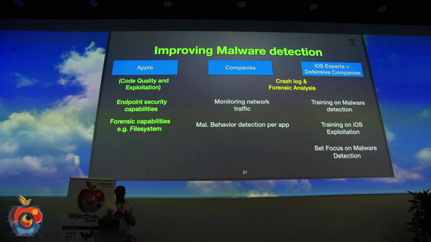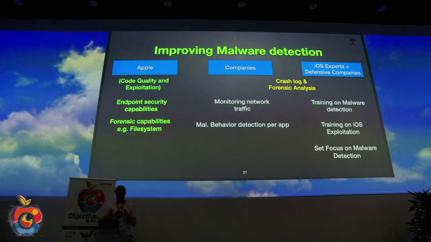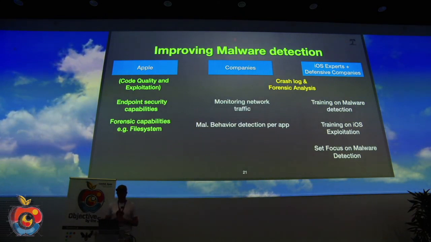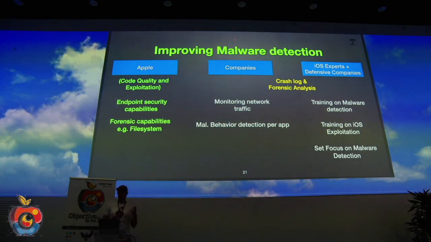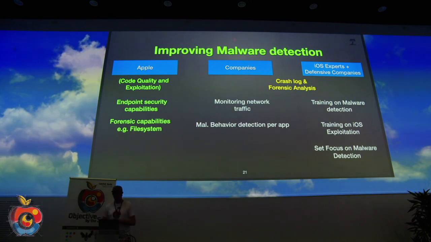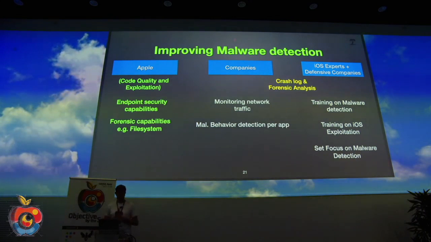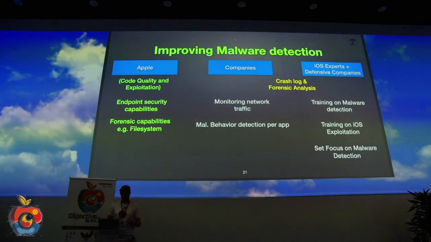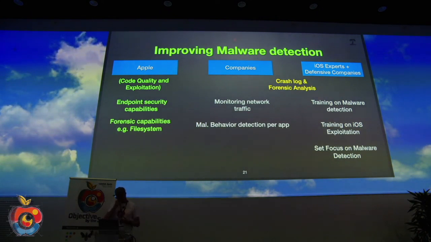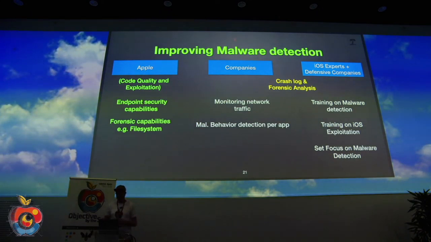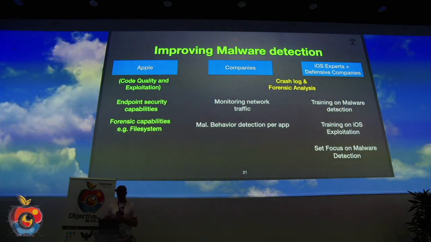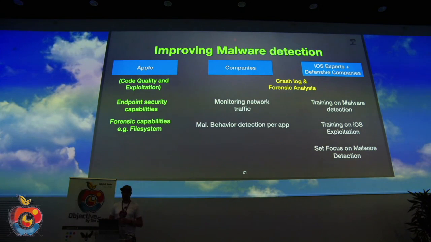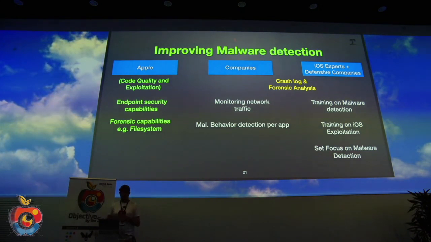But I think one of the first and necessary things that Apple could be doing is giving us something like that endpoint security entitlement that we have on macOS, also on iOS, and giving us forensic capabilities of maybe accessing the file system, maybe accessing also the RAM of that device. Maybe giving us on the device itself additional capabilities like looking into a process table.